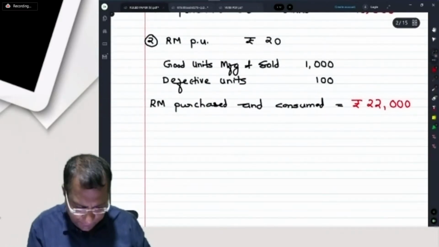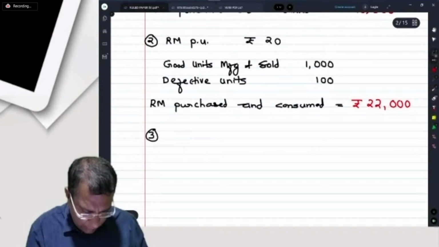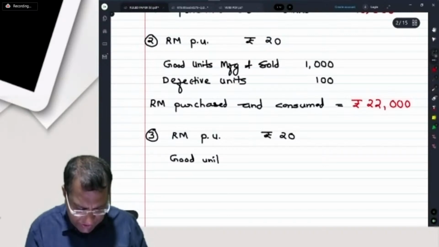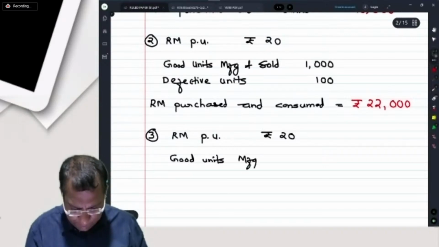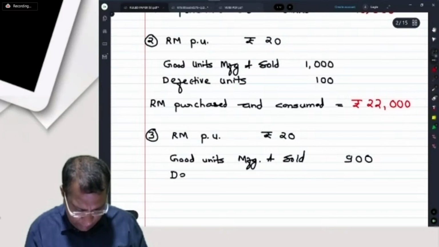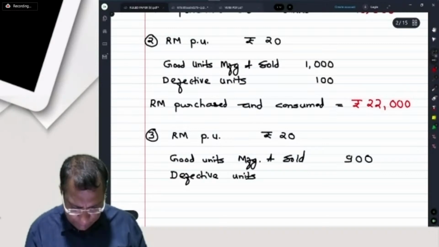Third point. Raw material per unit is rupee 20. Good units manufactured and sold is, suppose, 900. Defective units, suppose, say 100.